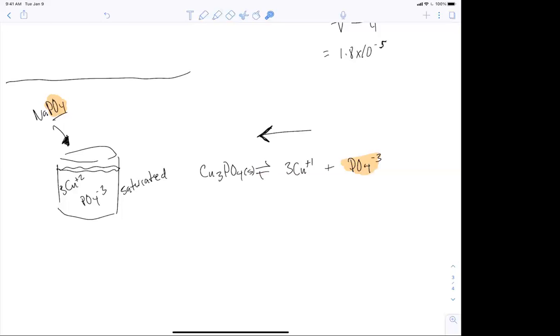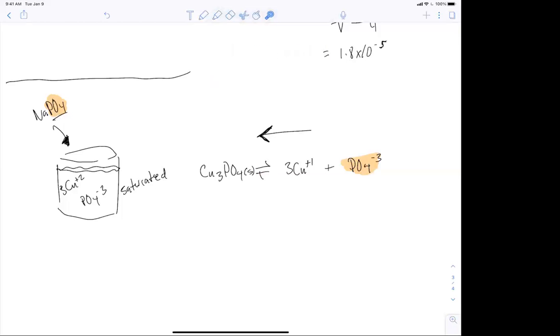Wait, sorry, say what you were saying again, Taylor. I just thought that copper phosphate is already insoluble, so I thought it would already have precipitated out, but you're right. Yeah, they don't.